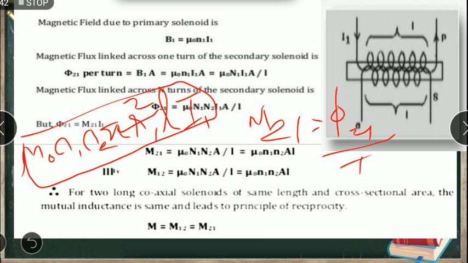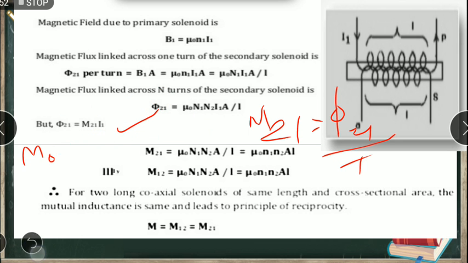Similarly, we can find out the value due to the secondary solenoid. Same concept, that is M12. So here, instead of the magnetic flux linked with one turn of the secondary solenoid, it will be applied to the magnetic flux of the primary solenoid. Okay, vice versa, the final expression of both the values will be the same.